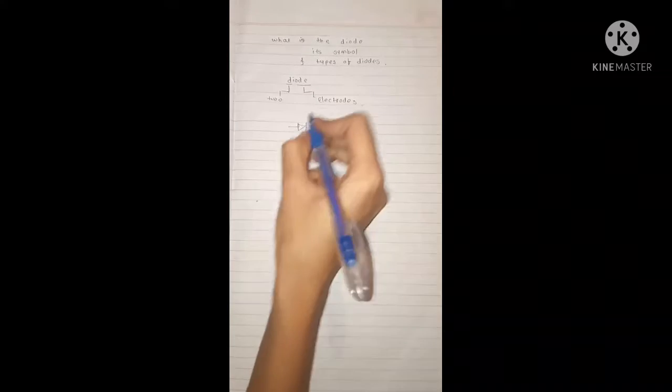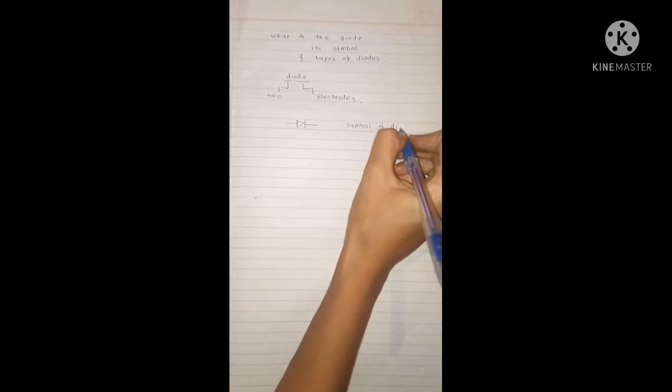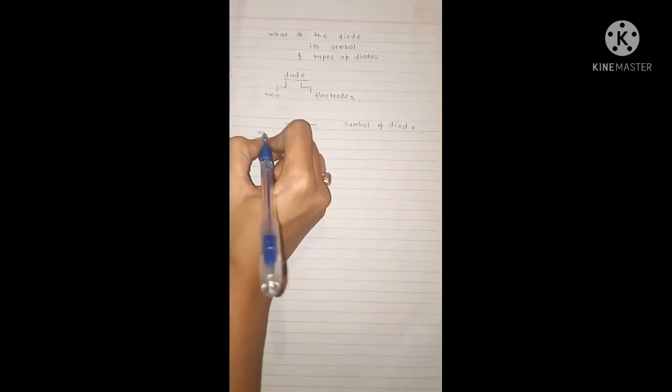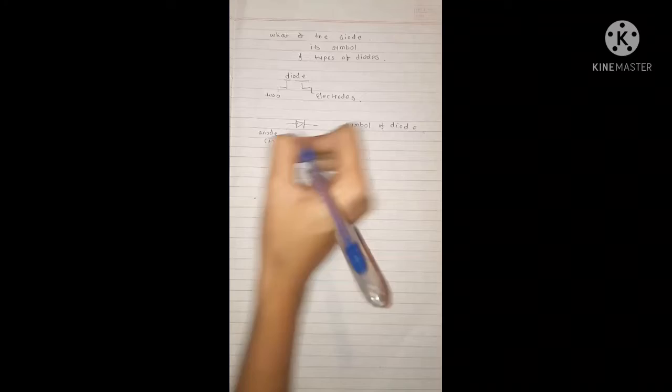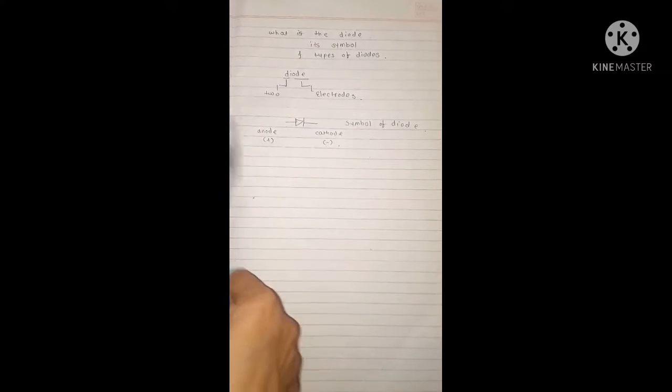Here is the symbol of the diode. This is the anode terminal, which is positive, and this is the cathode terminal. The symbol of a diode has two terminals, anode and cathode.